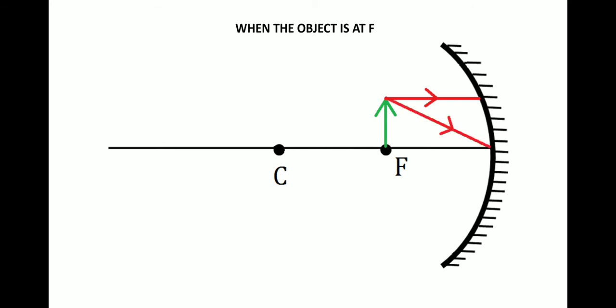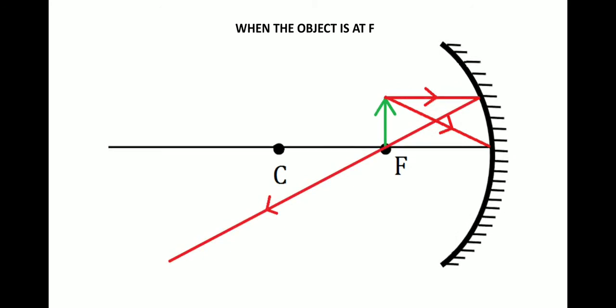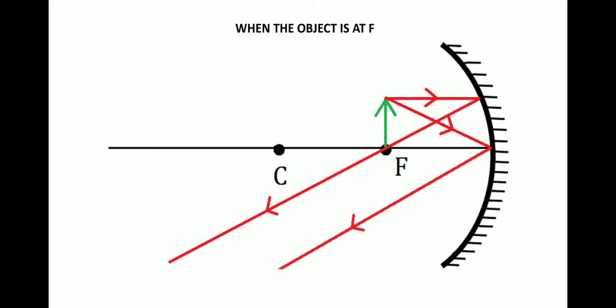The light which is parallel to the principal axis will pass through the focus, and the second ray of light which is incident at the pole will follow the normal rule of reflection, making the angle of incidence and angle of reflection equal, and it will reflect in this way. But in this case the two rays are not intersecting each other, which means the two rays do not meet. So the image formed in this case will be at infinity.